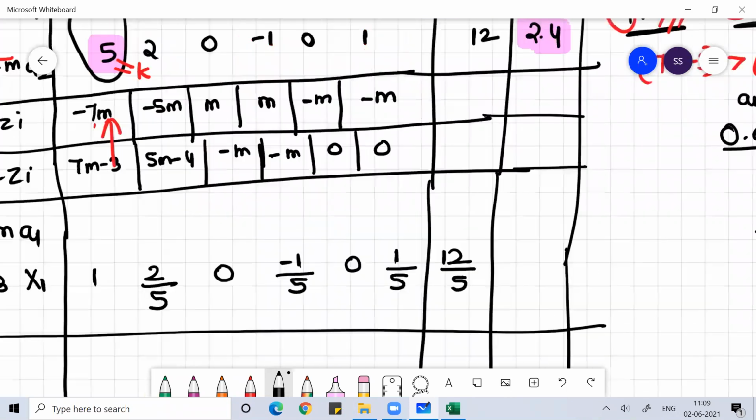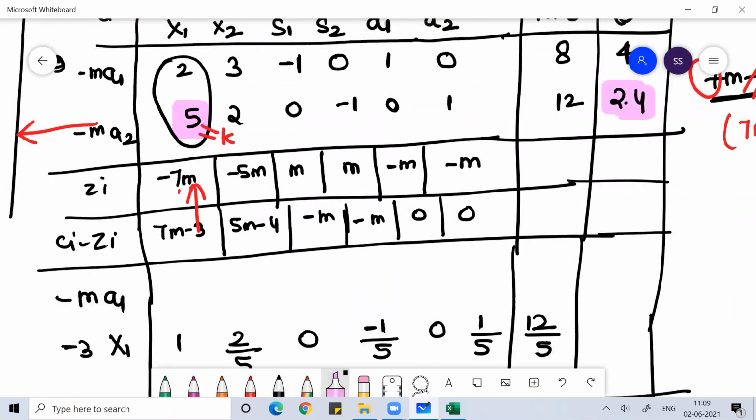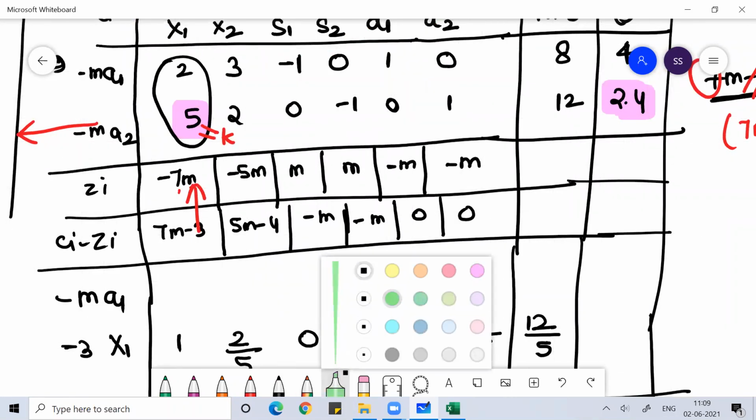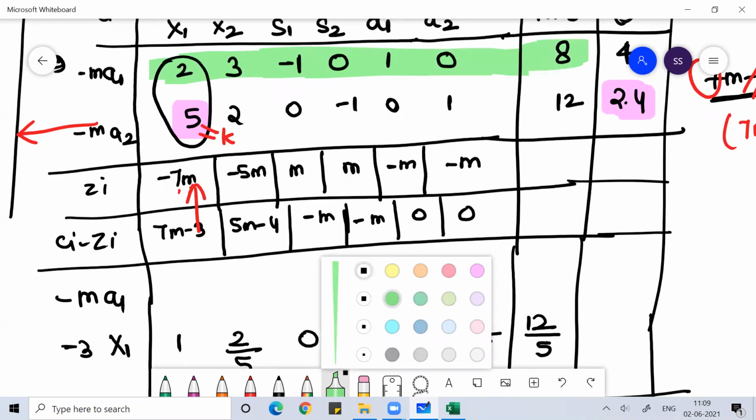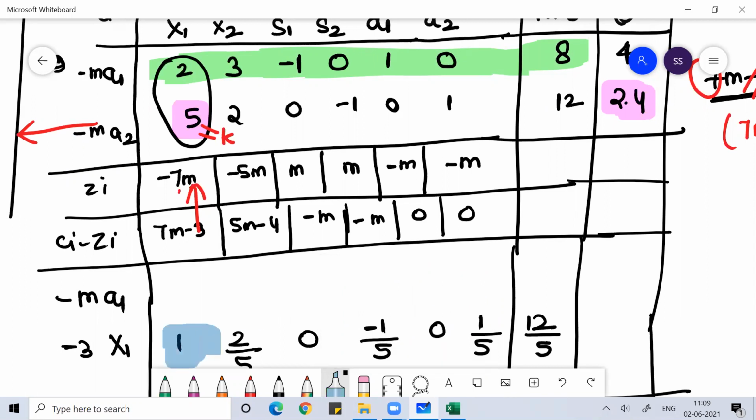So this is your old element, guys, and these are your new element values.